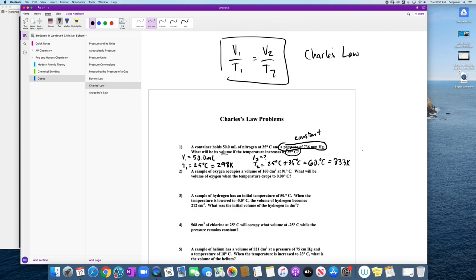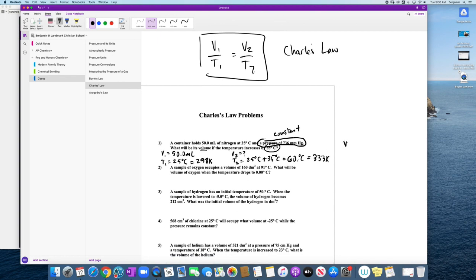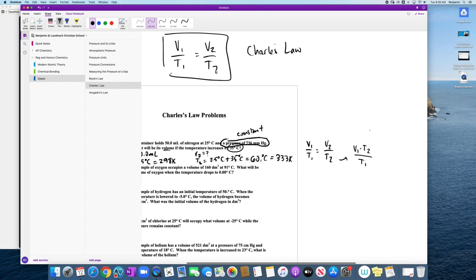So now we plug in V1 over T1 equals V2 over T2. And we're going to rearrange this equation for V2. So V1 times T2 over T1. So let's plug in. The first volume is 50 milliliters.